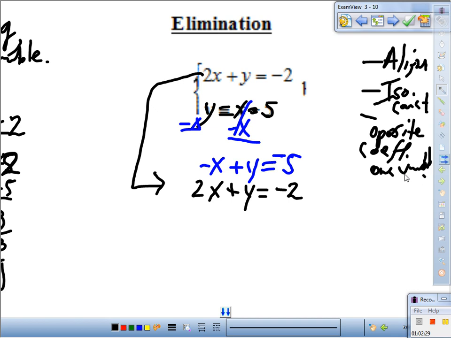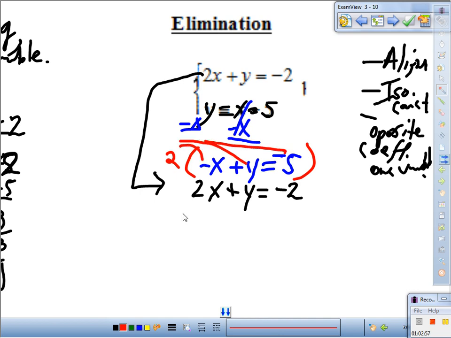No. Which one do you want to eliminate, the x or the y? Okay, let's eliminate the x. To eliminate the x, tell your neighbor what we need to do, please. Very good. We multiply the top one times 2.